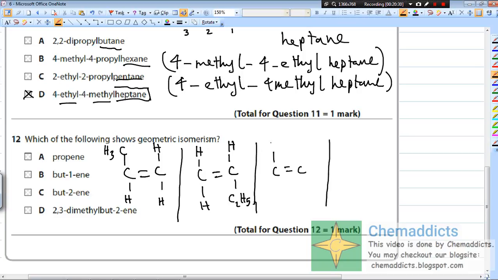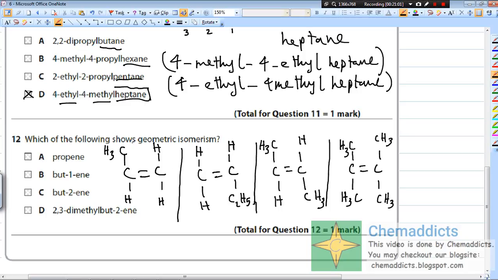The structure of but-2-ene looks like this: and let us look out for dimethyl but-2-ene. The dimethyl but-2-ene looks like this.